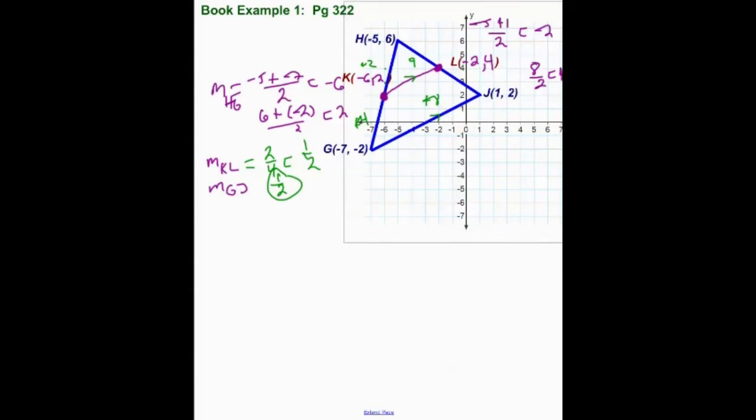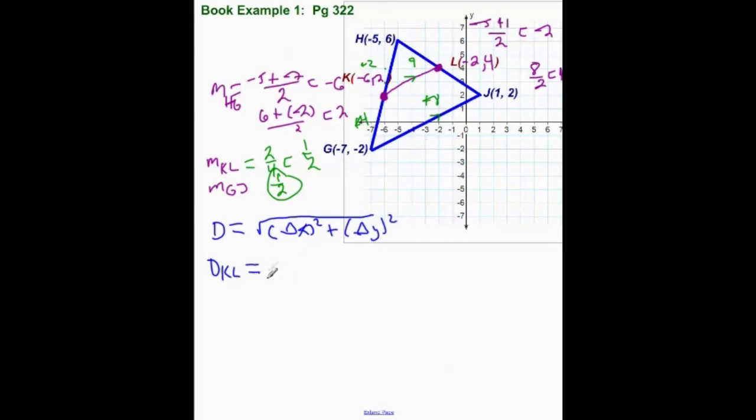So what we want to do now is find the distance. I'm going to pick blue to do that. We're going to use the distance formula. Let me recap real quick. It's delta x, the difference of my x's, plus delta y, the difference of my y's, all squared under a radical sign. So let's find the distance of KL first. dKL.